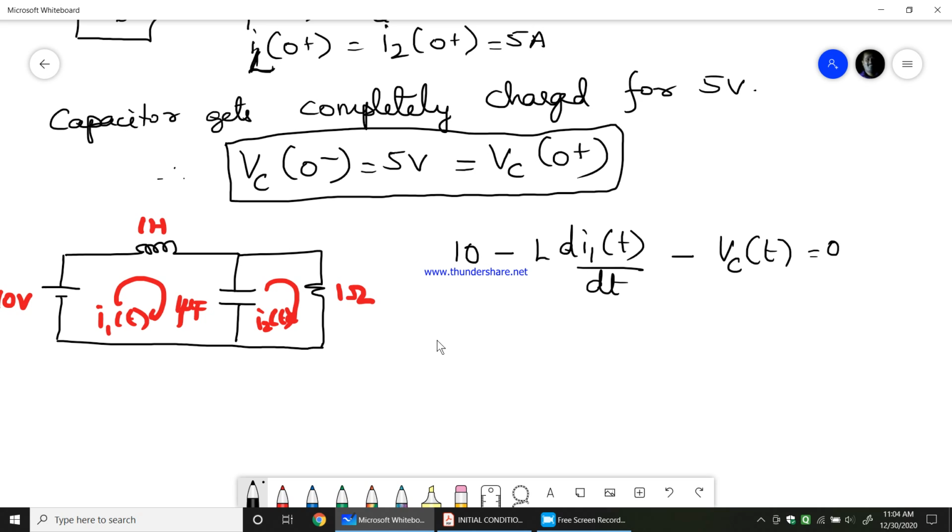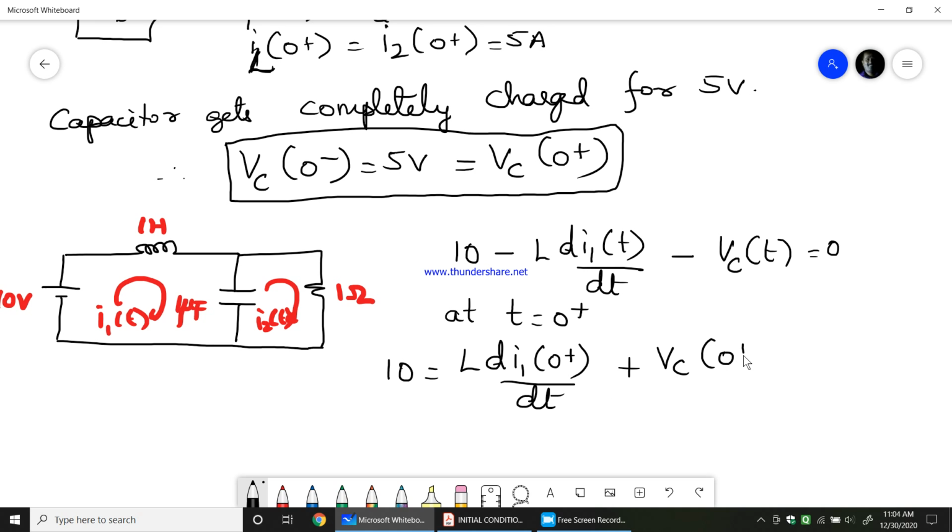Therefore at time t equals 0 plus, 10 equals L into di1 of 0 plus by dt plus Vc of 0 plus.